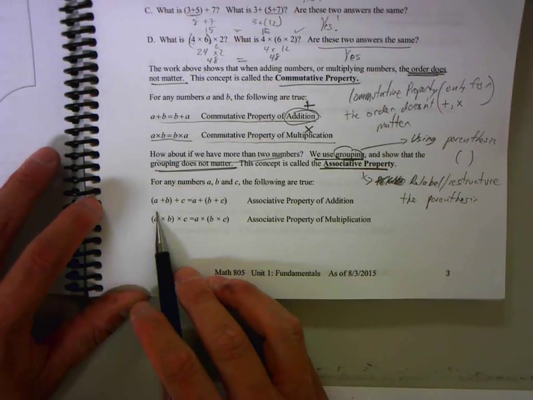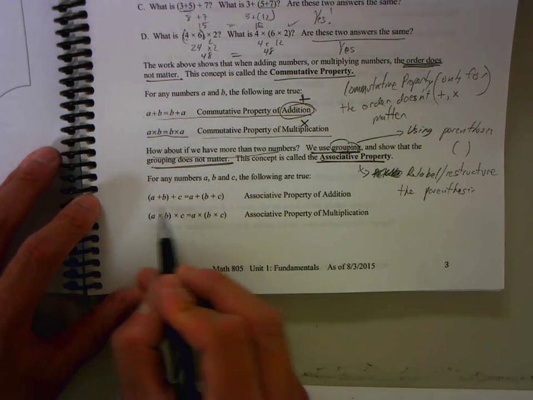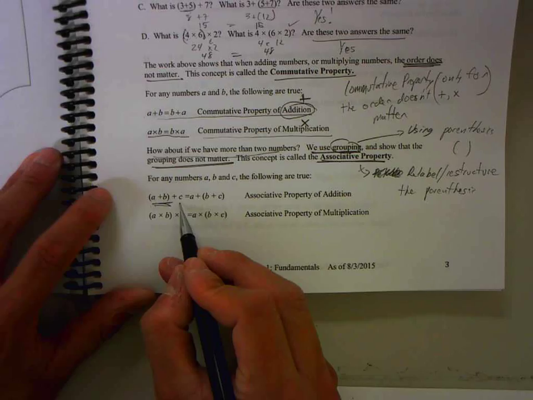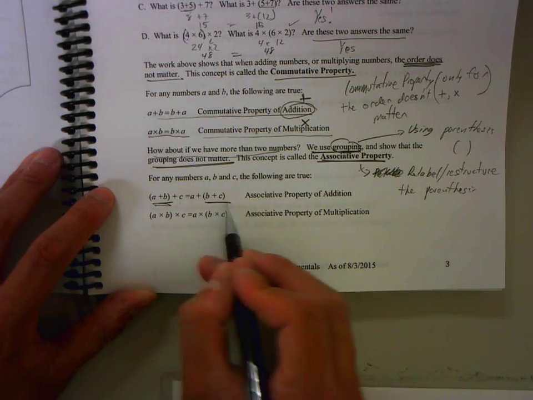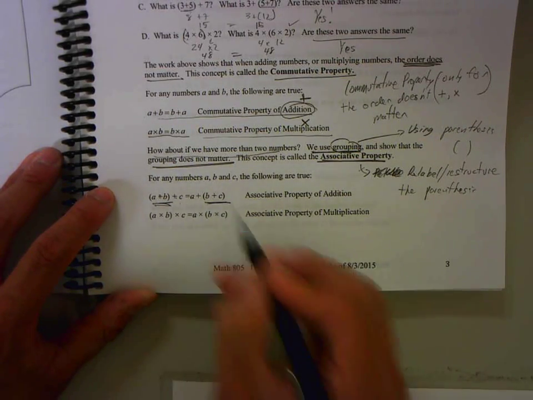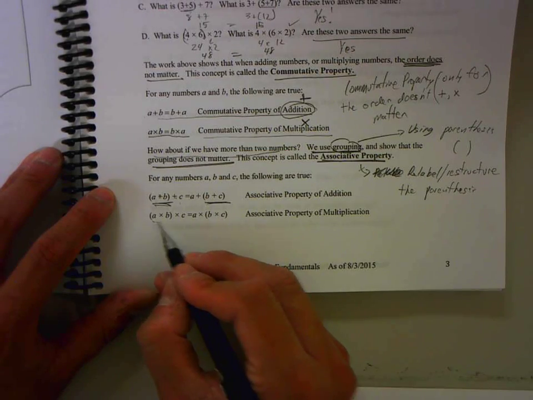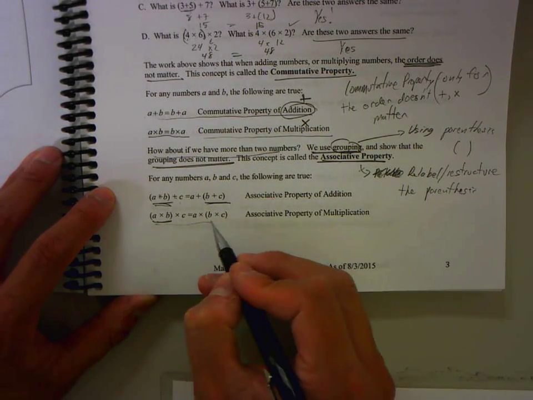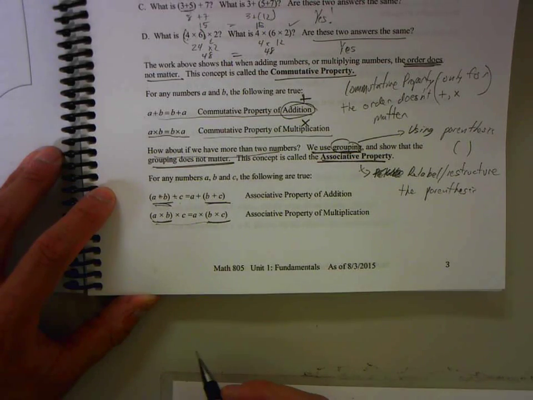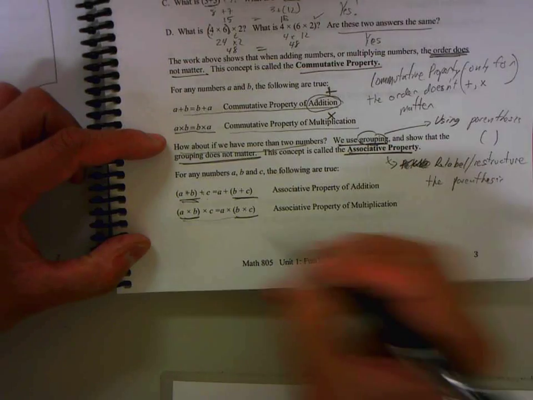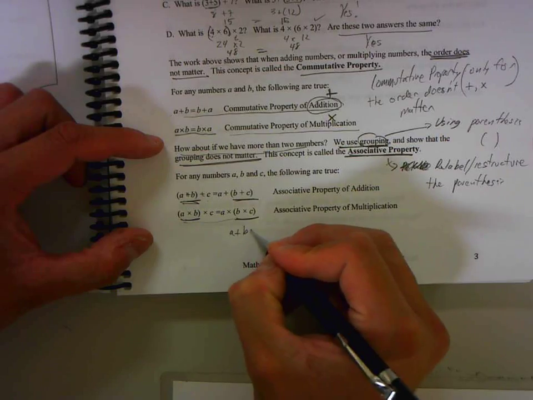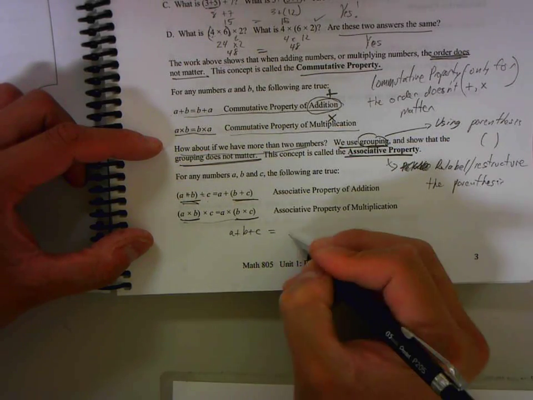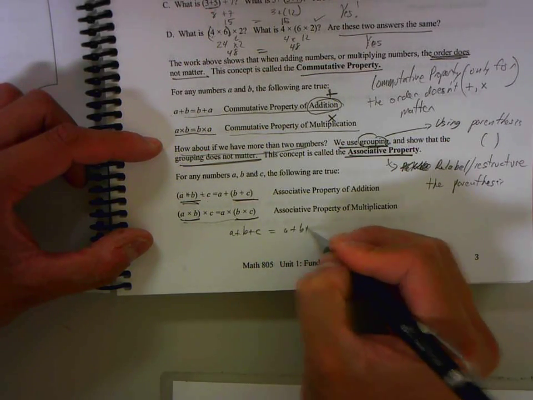So for example here, the parentheses here is around the first two and not on the third, and here the parentheses are on the second two. Notice they're all plus. Okay, same thing here in multiplication. The parentheses are on the first two, and you can change it to parentheses around the second two. So what that basically means is if you have a plus b plus c, that's the same thing as a plus b plus c.